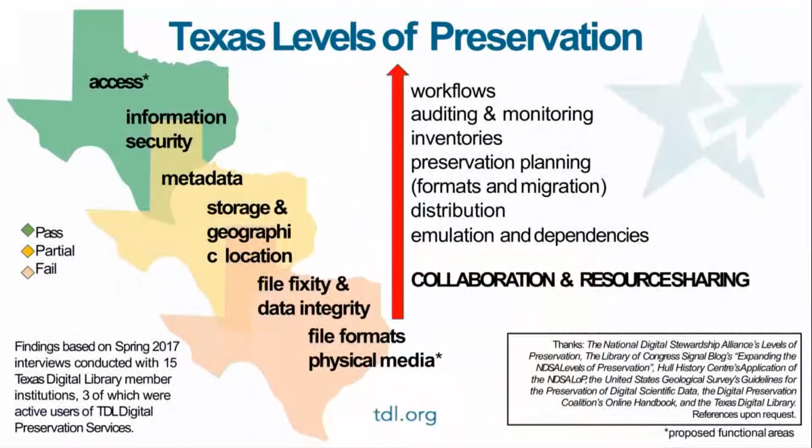I'm supposed to say next slide. Okay. I applied the NDSA Levels of Preservation Framework at the state level in Texas to observe and magnify Texas institutions' digital preservation efforts and inspire them to work towards shared goals. To do so, I conducted interviews with 15 Texas Digital Library member institutions managing digital material.